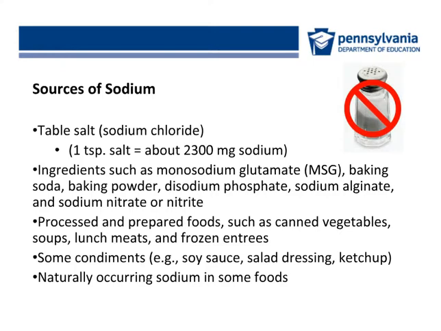Even baking soda and baking powder contain sodium as well. Also, canned vegetables and soups are common sources of sodium. Some condiments tend to be high in sodium, like soy sauce, salad dressing, and ketchup. And there are some foods that just naturally have sodium in them, like cheese.